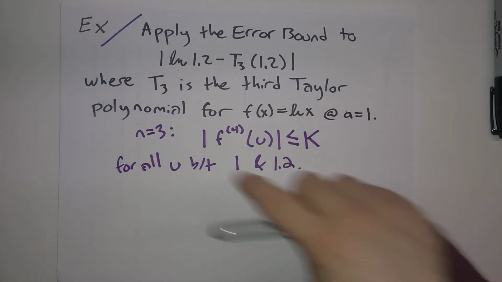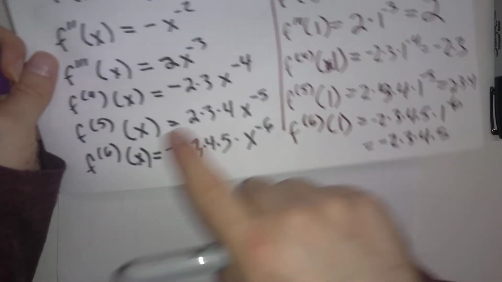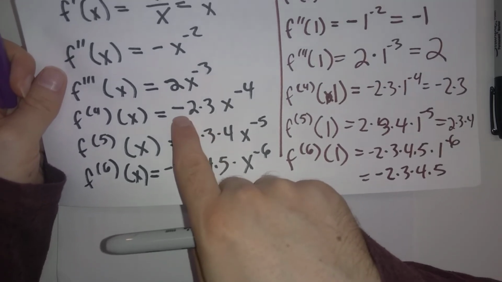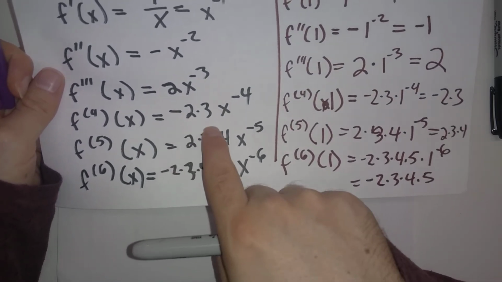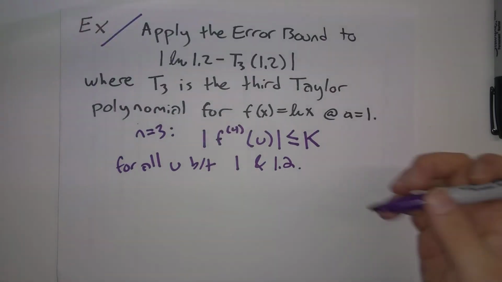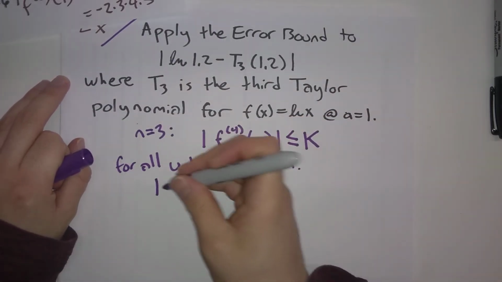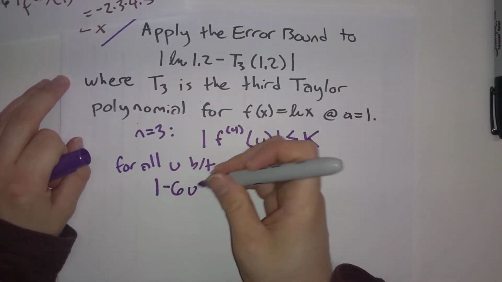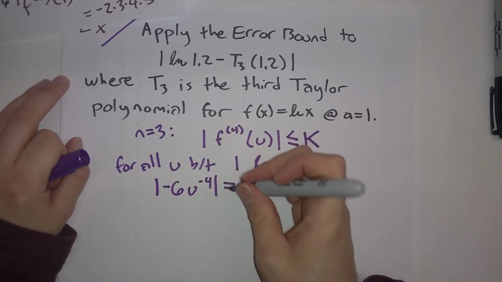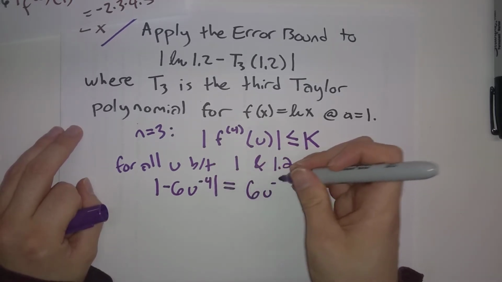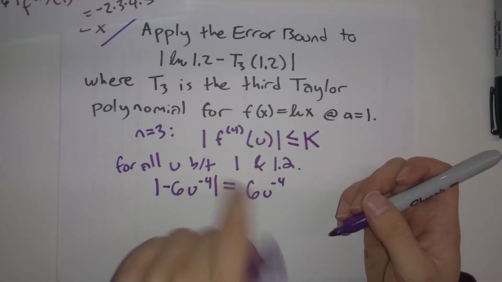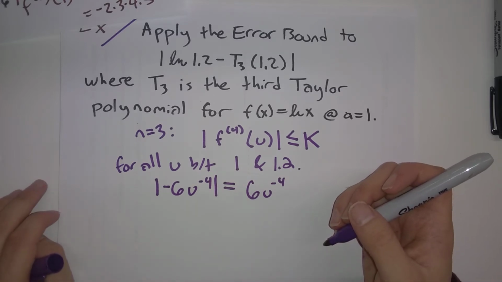Okay, what is the fourth derivative? We've got that it is going to be minus 6 times u to the minus 4th. The absolute value of that is going to be 6 u to the minus 4th. U is between 1 and 2, so we don't have to worry about absolute value or anything there.